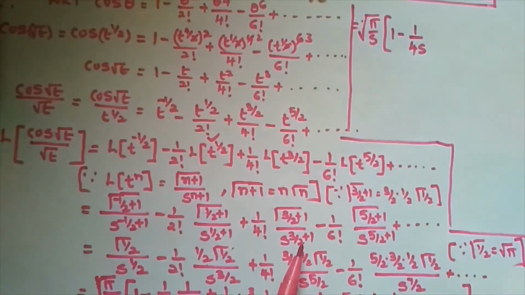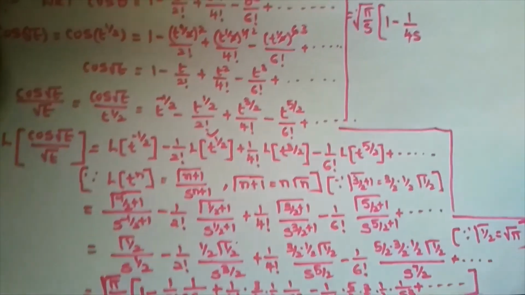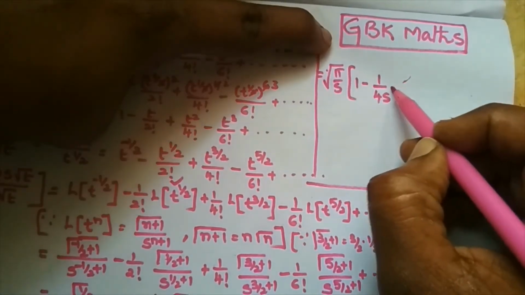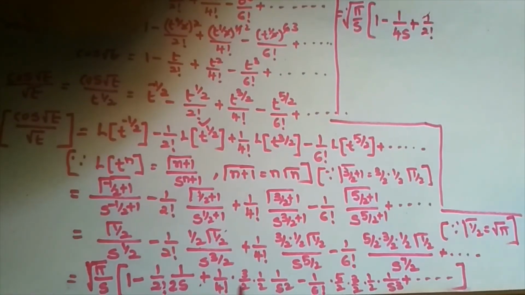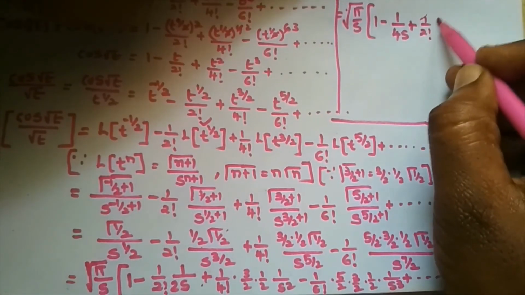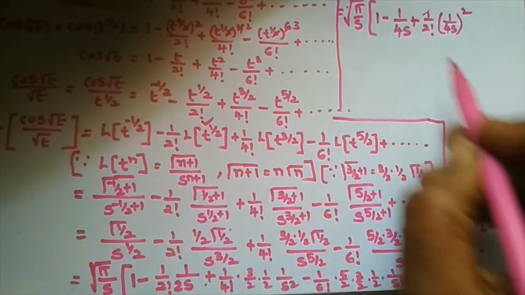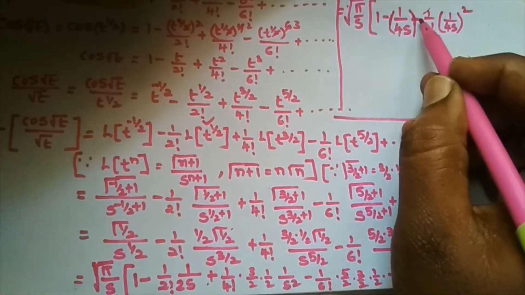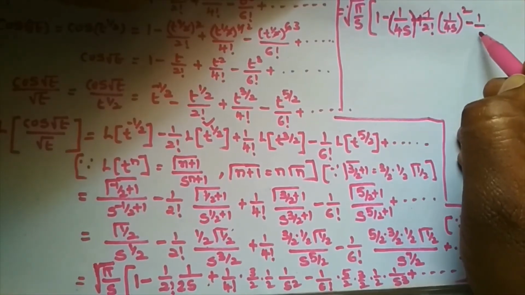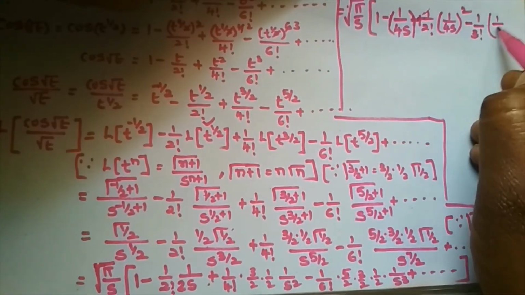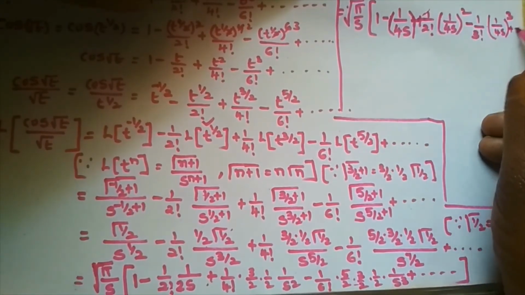So here 2 factorial into 2 is 1 by 4s, minus second term can be written as plus 1 by 2 factorial into the simplified term, into 1 by 4s whole square. And third one, 1 by 3 factorial into 1 by 4s whole cube. Then you can simplify, you will get the same answer, plus and so on.